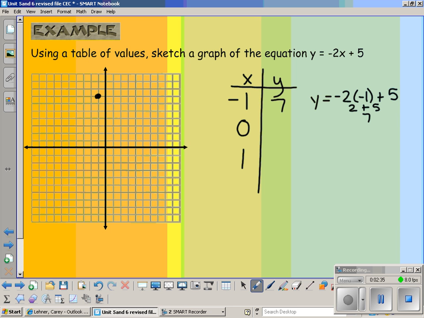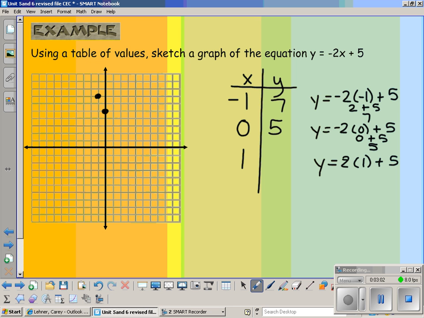We are going to repeat this process by substituting 0 into the x spot. What we end up with is negative 2 times 0 is 0, and 0 plus 5 is 5. So our coordinates are when x is 0, y is 5. We put our next point. And we repeat this process one more time where x is 1.